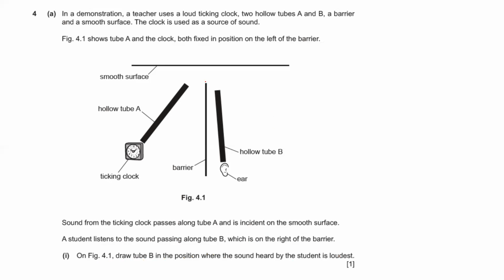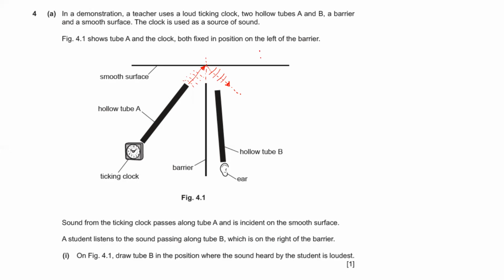So remember, sound travels in the form of waves. So sound waves will be traveling something like this. The direction of waves will be this. When they strike this part, they are incident on this smooth surface, then they will be reflected. The reflected wave will be in this direction.